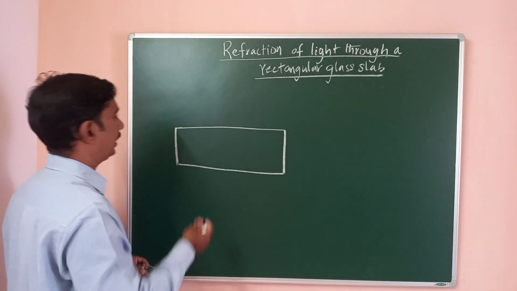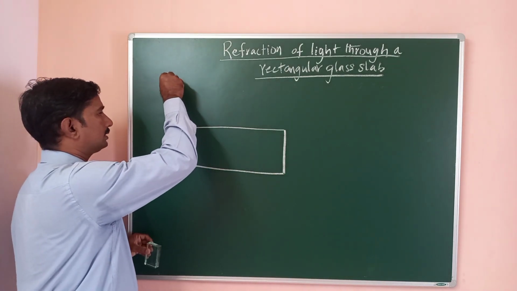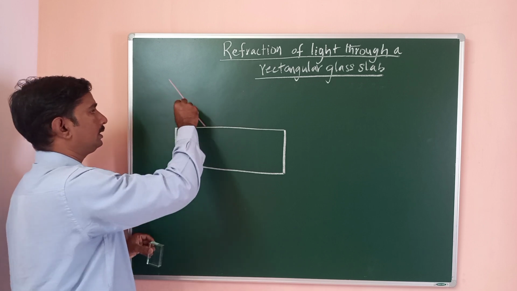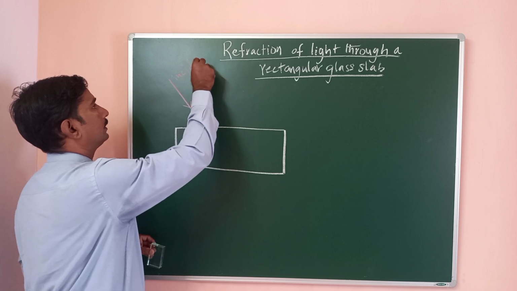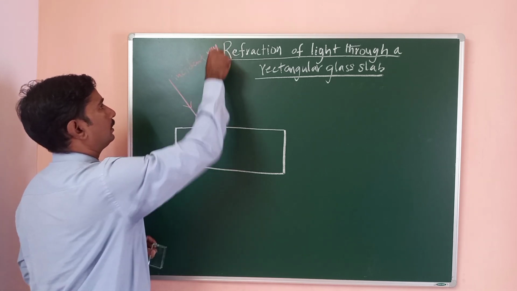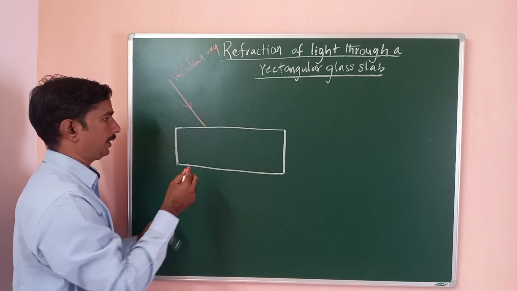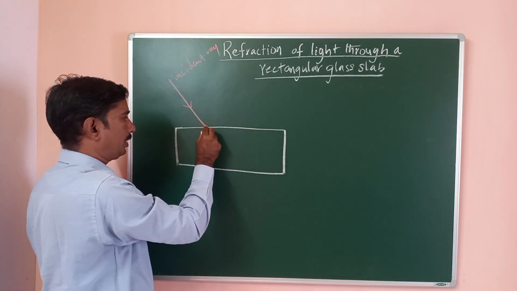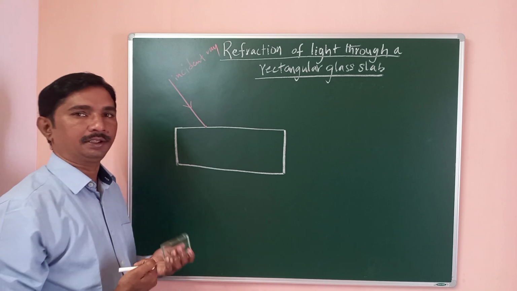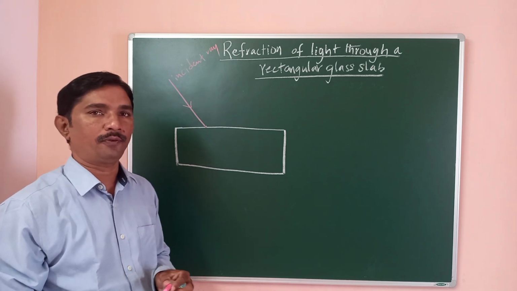When any light ray is incident on this glass slab, this light ray is called the incident ray. The point where the light ray is incident on the glass slab is called the point of incidence.